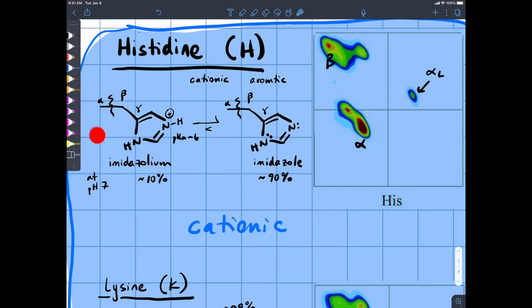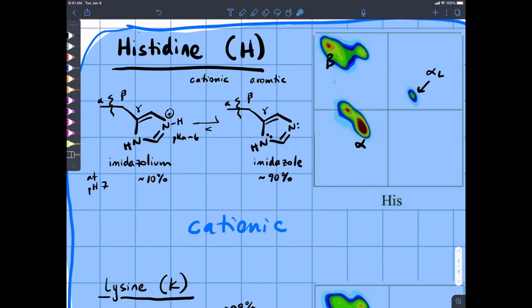This is the conjugate acid form, which is called an imidazolium ion, and it has a pKa of 6. What that means is that at physiological pH, histidine is mostly, maybe 90% of histidines are neutral and maybe 10% are positively charged. That's really useful in enzyme active sites.